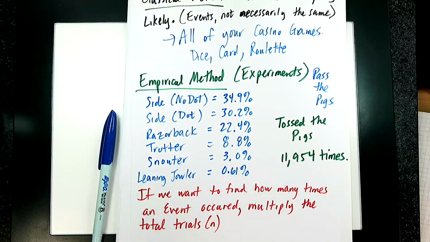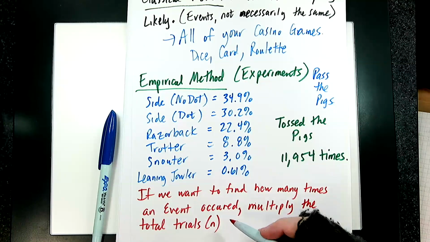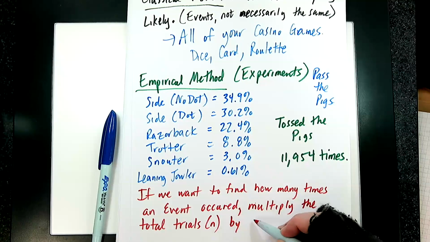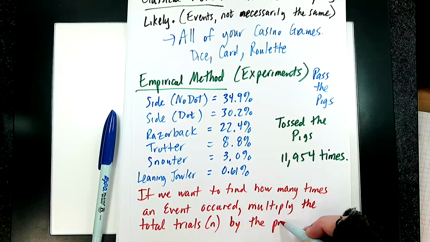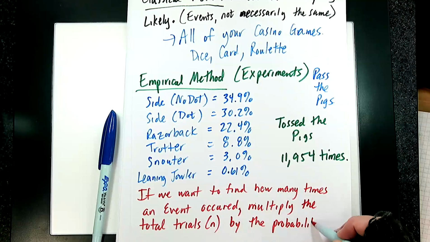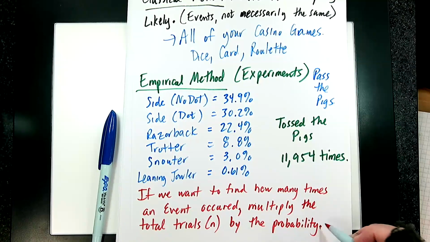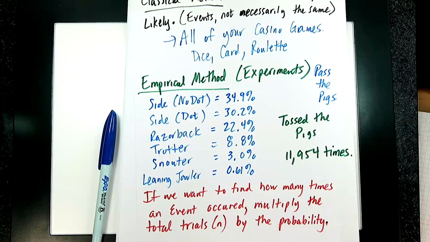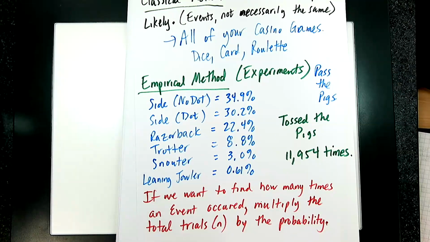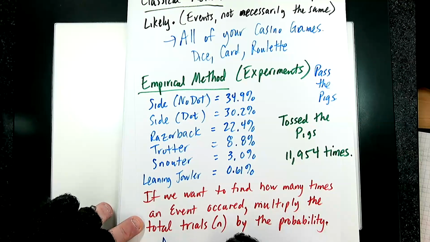It's like our sample size, how many times we threw the dice or pigs. Multiply the total trials n by the probability. This is like the n of e we said on the previous page.